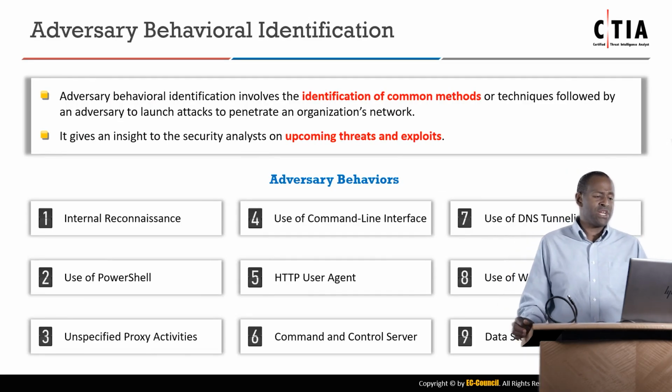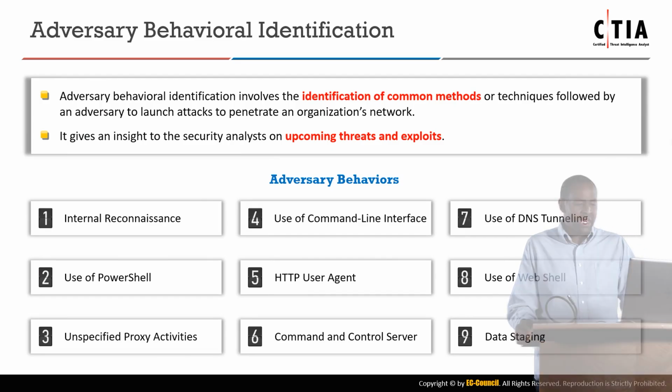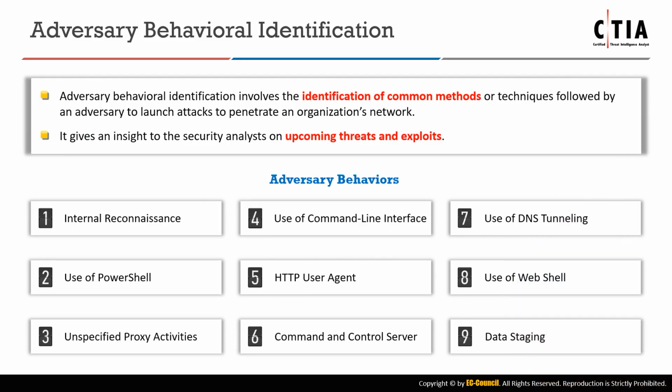Along those same lines, we look at adversary behavioral identification. And what this does is we're looking at the identification of the methods and techniques that are followed by the adversary to launch the attack. Again, we're looking for a signature of that attack. And this might allow us to identify upcoming threats, upcoming exploits.